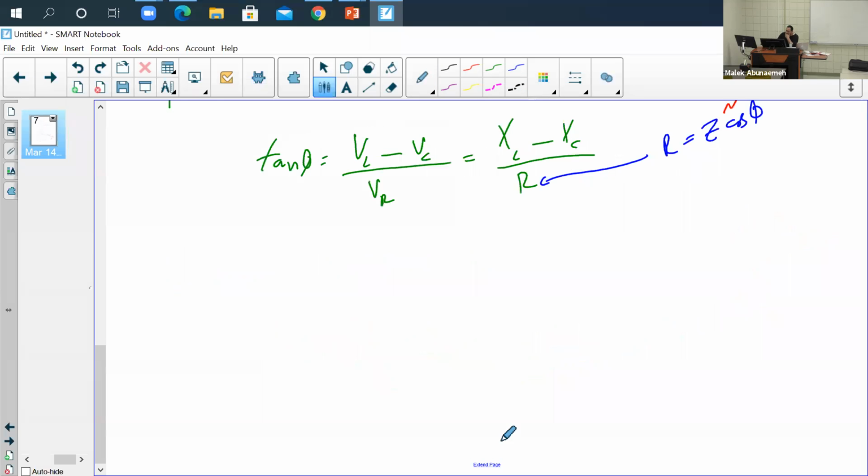Which means that your power, which we defined before as IV, is going to equal your I root mean square multiplied by R, because, let me write this down, V equals IR.